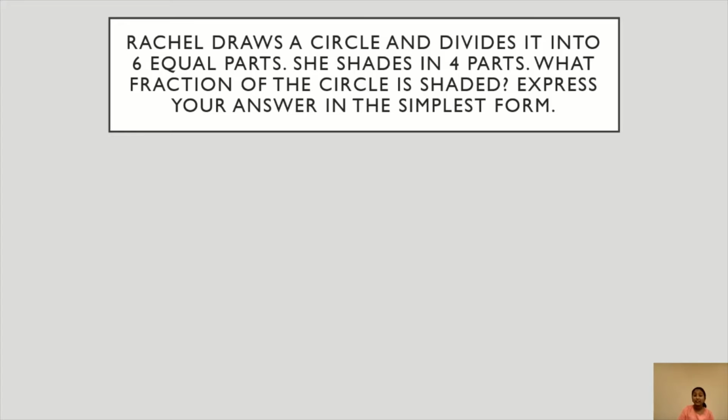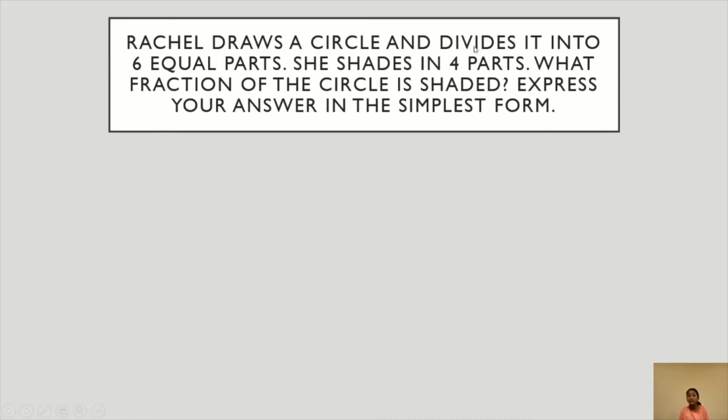So she shades in 4 parts. So remember, the parts that are shaded in is the numerator. So 4 would be the numerator. And 6 is the whole.